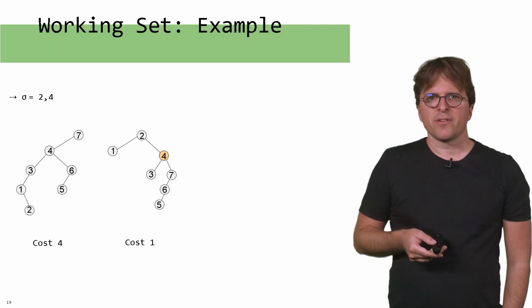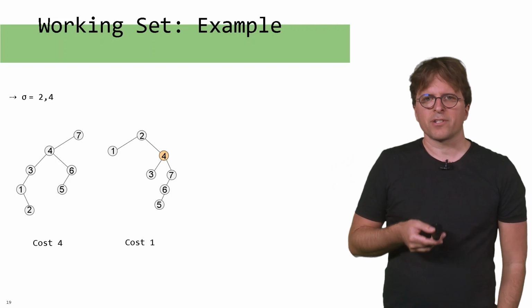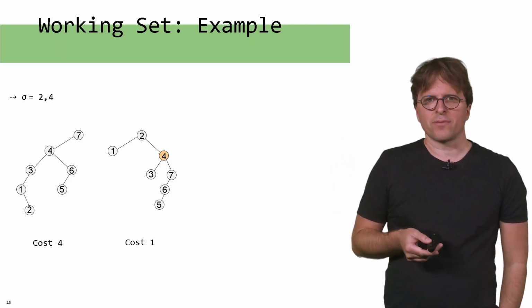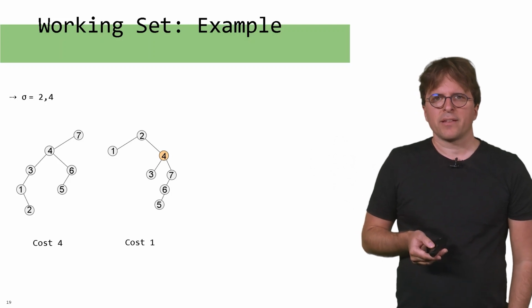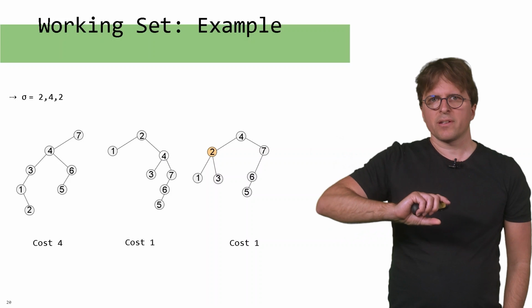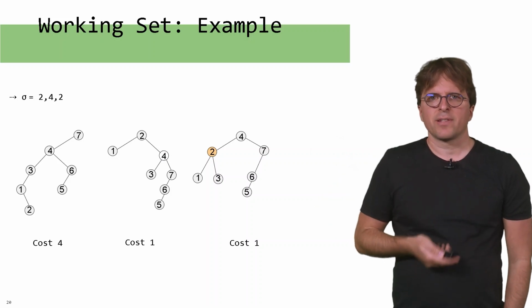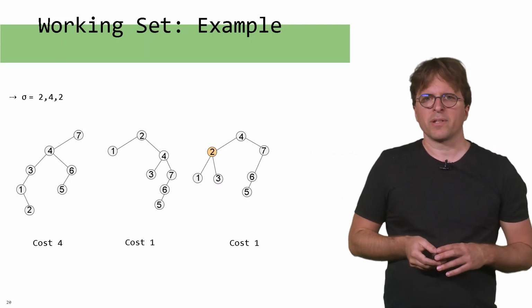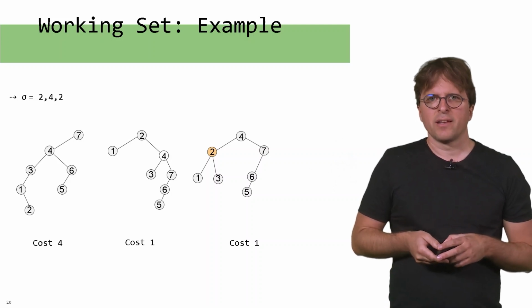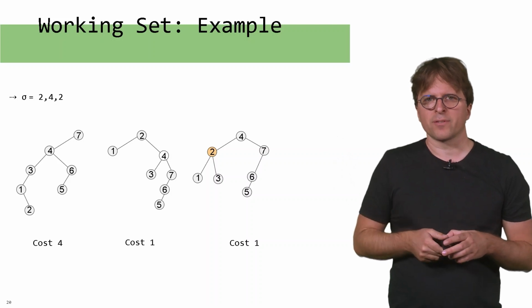And next assume 4 will be accessed. So now the cost of this operation will be 1. So it's a distance 1 from the root. And what the splay tree will do, it will now make a rotation to the left, so that 4 becomes promoted to be the root. But now you can see that actually if 2 is accessed again, 2 is still very close to the root.